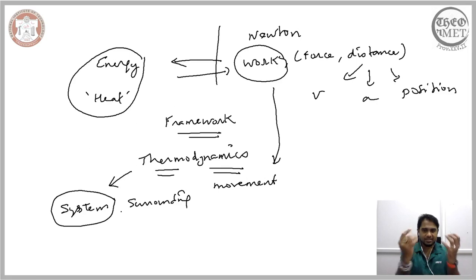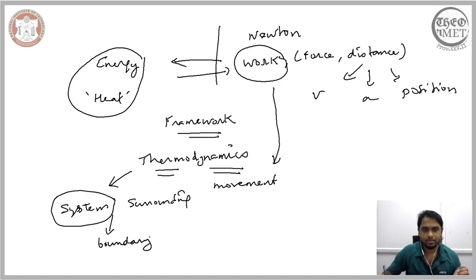So this system and the surrounding are separated by a layer which is referred to as the boundaries. Going back to our previous analogy, in case of Newton's laws of motion, we have a solid spherical ball.